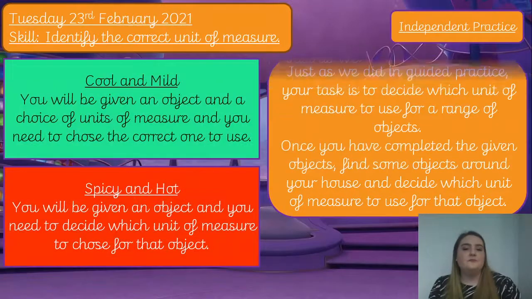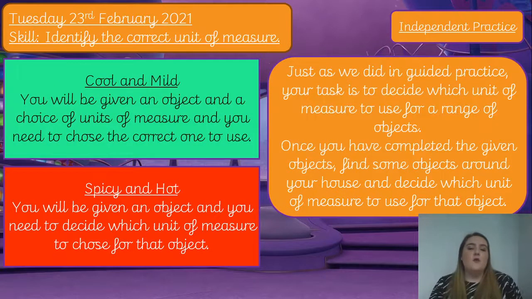Well done. Okay, so time for your independent practice. Just as we did in the guided practice, your task is to decide which unit of measure to use for a range of objects. Once you have completed the given objects, you're going to then find some objects around your house and decide which unit of measure to use for that object.